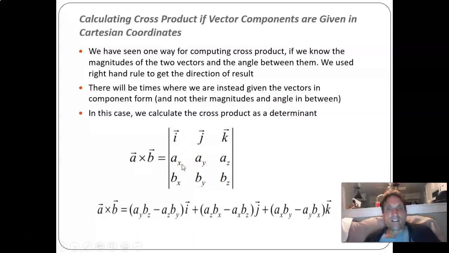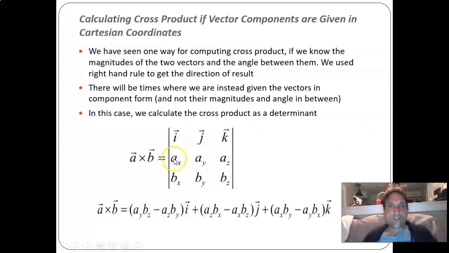To get the determinant, if you don't know this, just use the result. To get the I component, I is up here, it's element row 1, column 1. We cross out row 1, we cross out column 1, and then we take the diagonals of what's left. So it's AY times BZ minus the other diagonal, AZ times BY, and that's the I component.